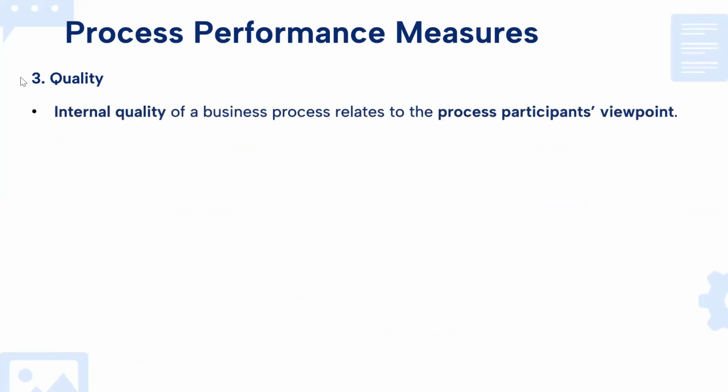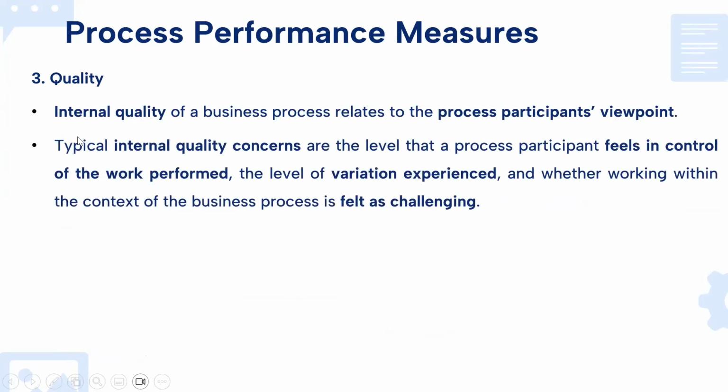Okay, so internal quality is considered from the process participants' viewpoint. When you consider process internal quality concerns, we have to identify control of the work performed. The process participant should have control over the particular process.